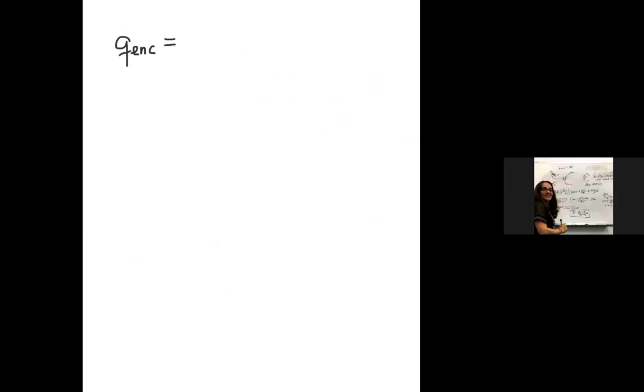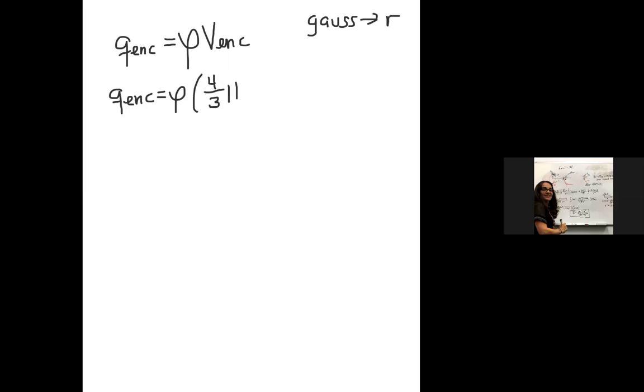Well, remember we said we can write that as rho times the volume enclosed by that Gaussian. Rho is just a number, we'll keep that. What was the volume enclosed? My Gaussian goes with A. Nope, my Gaussian goes with r. So the volume is 4/3 pi r cubed.